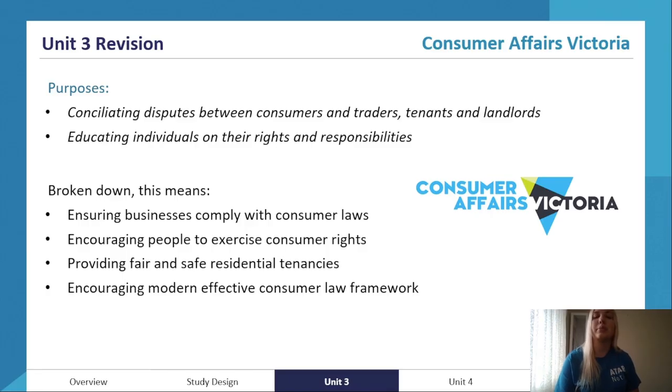So the consumer must have initiated the claim, or the tenant must have initiated the claim against their landlord, and not the other way around. So they ensure that people are compliant with and businesses are compliant with consumer laws, their rights, and residential tenancies, and they help consumers when these breaches occur using free conciliation to help them.